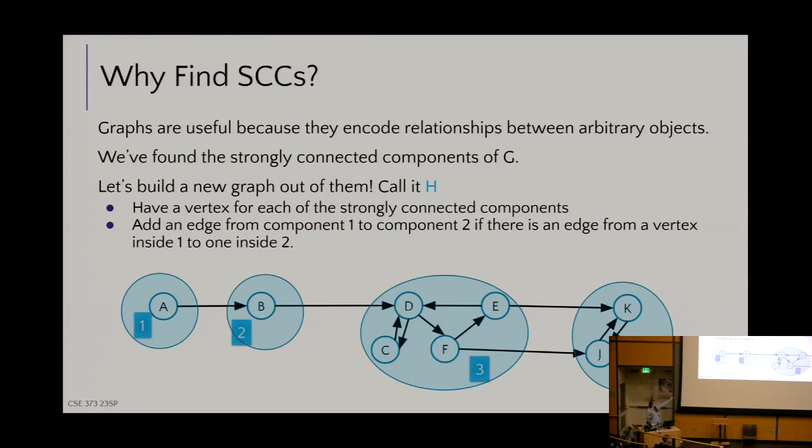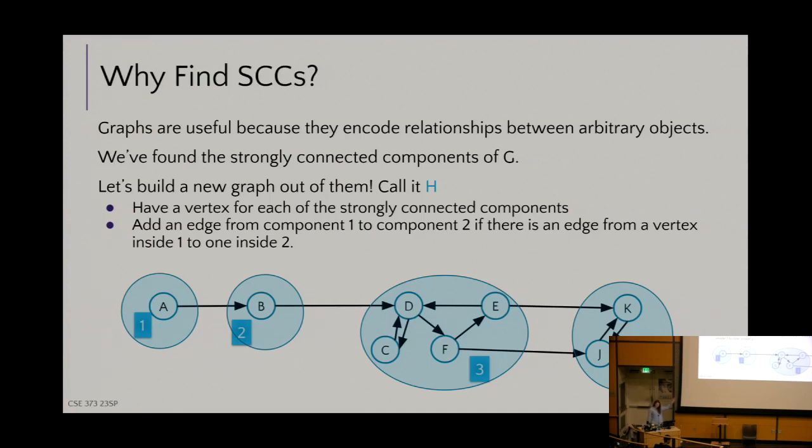So here you can see underneath my blue circles, that's a graph with a bunch of vertices, a bunch of edges. But if I go through and isolate the strongly connected components, I see that there's 4 strongly connected components. If I overlay this new graph, we'll call it H, over those strongly connected components, it's like I went from that really detailed graph under there to a graph of just 4 vertices that still follow the same topo logic.